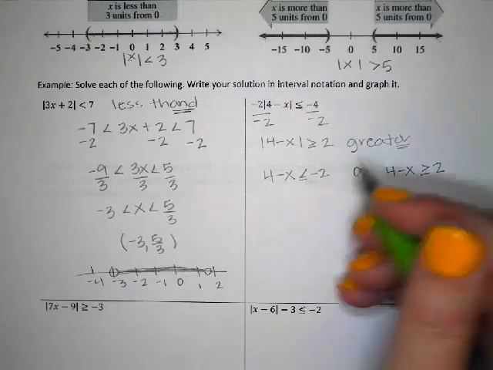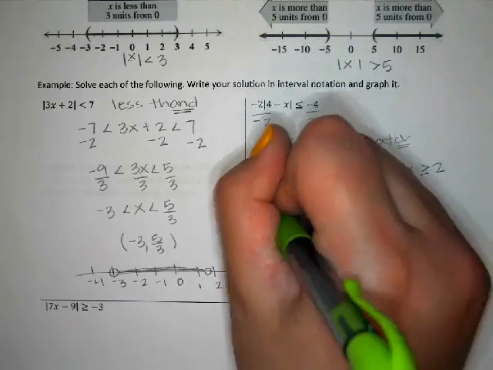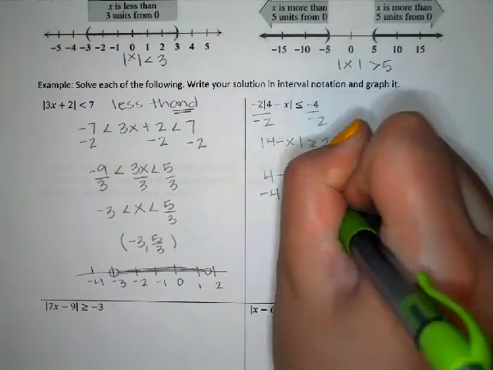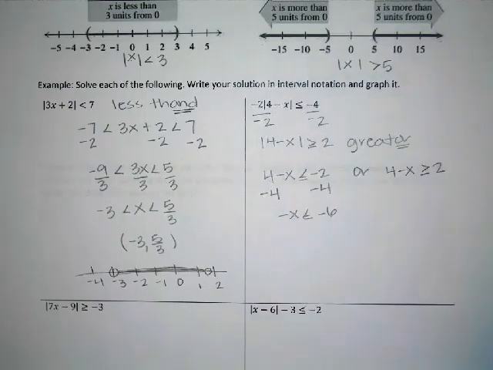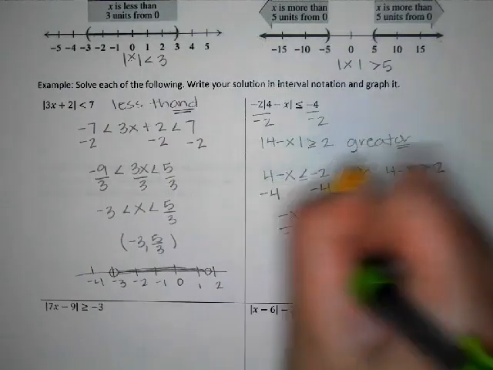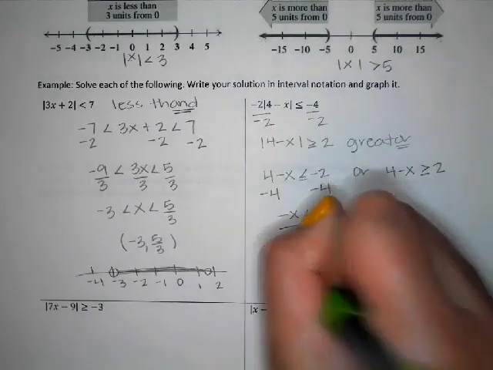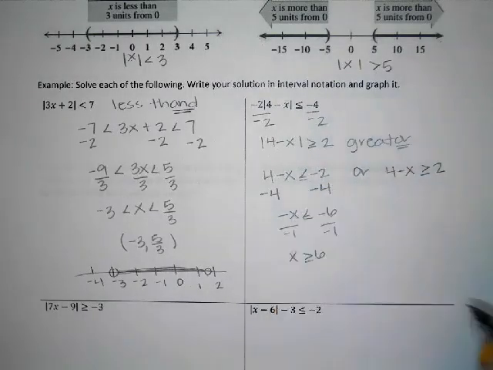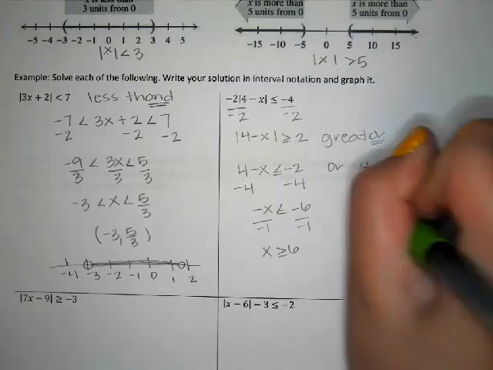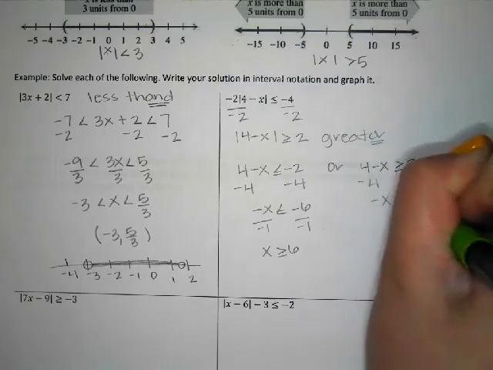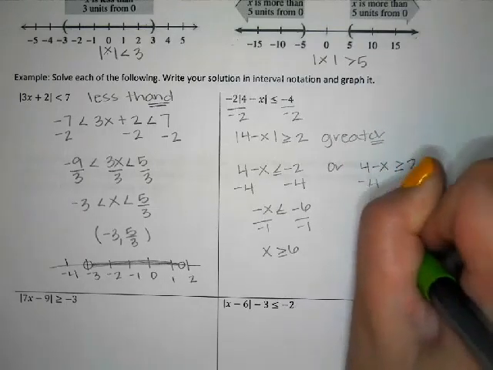And then I'll go ahead and solve. So I'm going to subtract 4. Negative x is less than or equal to negative 6. Divide by negative 1. X is greater than or equal to positive 6. I'll do the same thing over here. Divide by, not negative x, divide by negative 1.